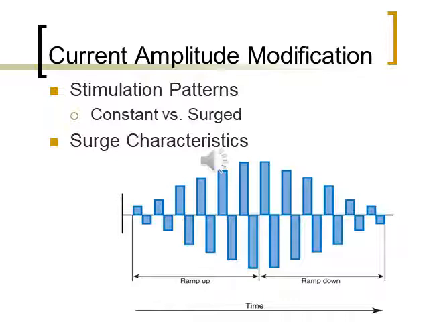So it's more of a gradual buildup, which we said for things like Russian current makes it a little more comfortable for the patient. So in that instance where you have an on-off time, instead of it just going right up to the intensity when it turns on, now you have a buildup. Again, the rise and decay time, the rise is it going up, and the decay is it coming down, and that's something you would set with your ramp time on your unit.